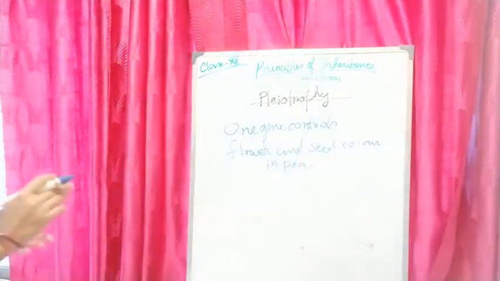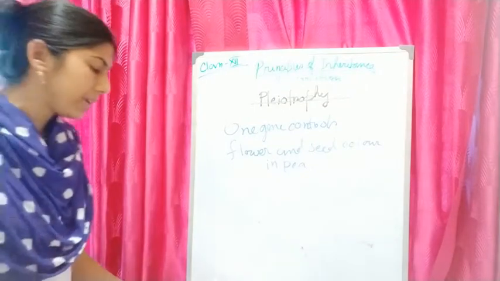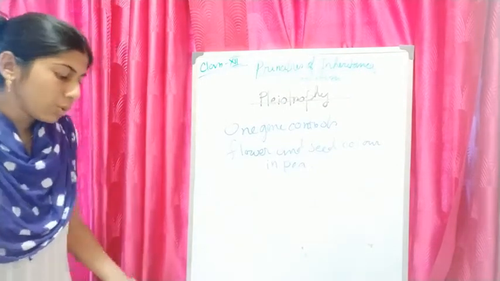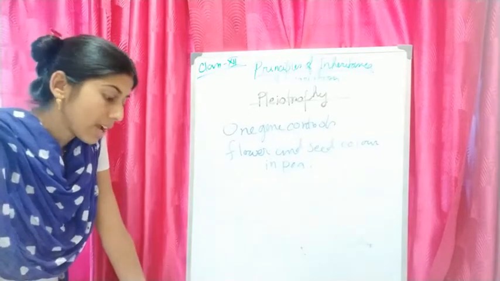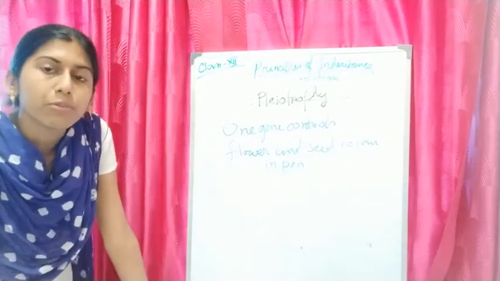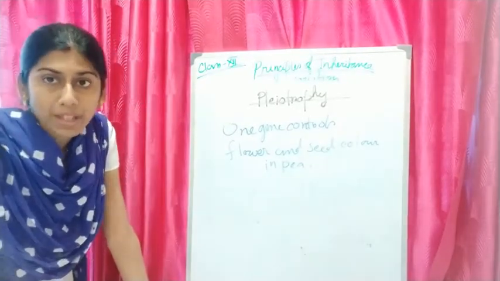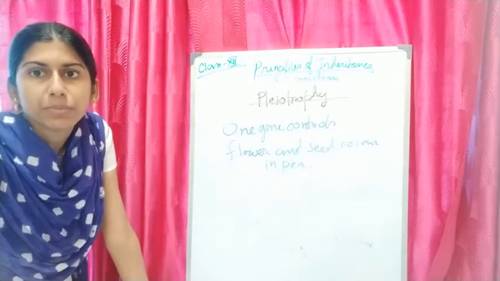So pleiotropy, I am repeating, is the phenomenon in which one gene has the ability to have more than one phenotypic effect, then it is called pleiotropy.